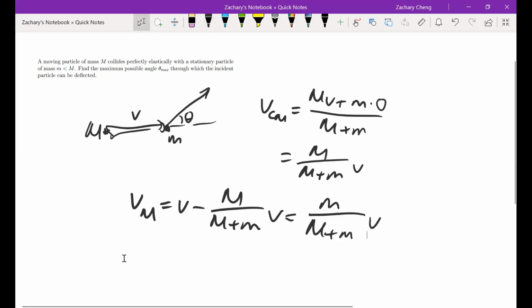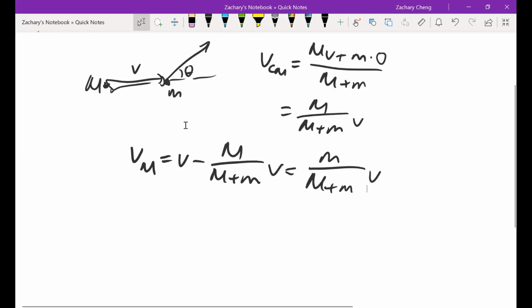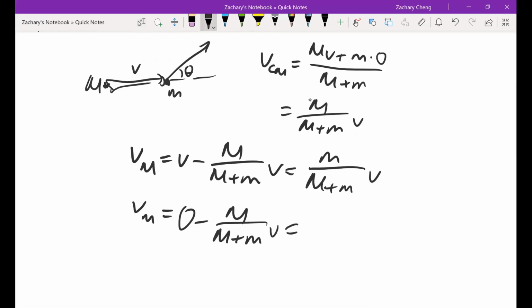Similarly, we can find the original velocity of the smaller particle in the center of mass frame. Originally in the ground frame it's 0, so we subtract the center of mass velocity, and this is just negative big M over big M plus small m times v.